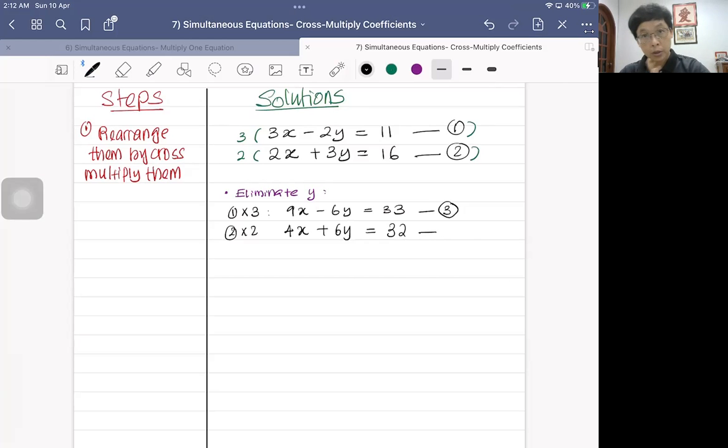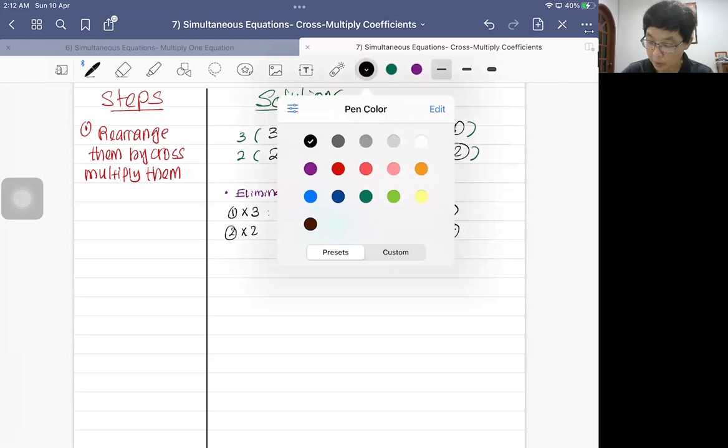Equation 2 has been transformed, so I'm going to give a new name to it. I want to draw your attention to the fact that the coefficient of y has become the same digit, 6. So now you can get ready for elimination.